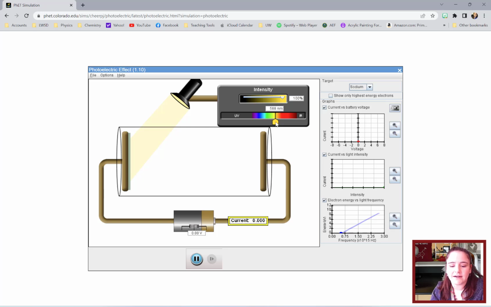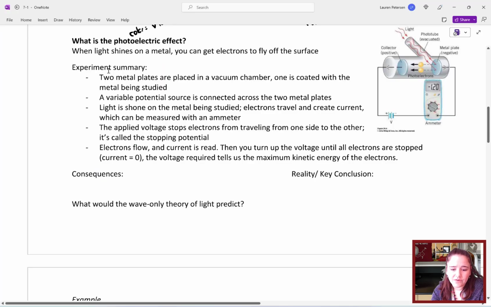Even if I have a high energy one, but at a low intensity, it is still going to cause electrons to be emitted. Not as many electrons, but it doesn't affect the energy of those emitted electrons. Doesn't affect the energy.